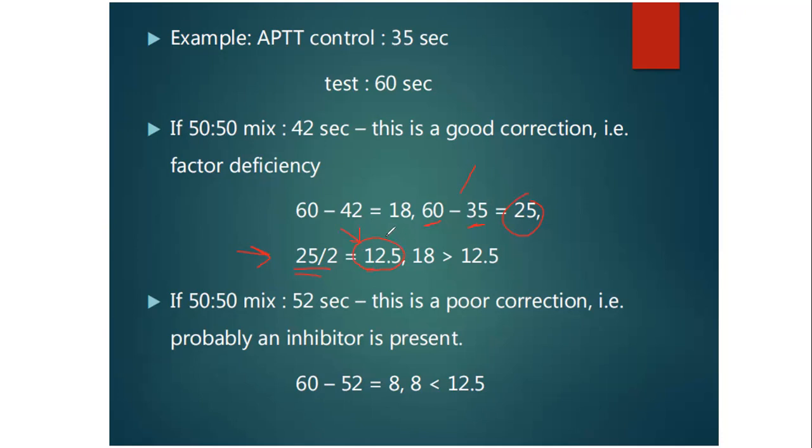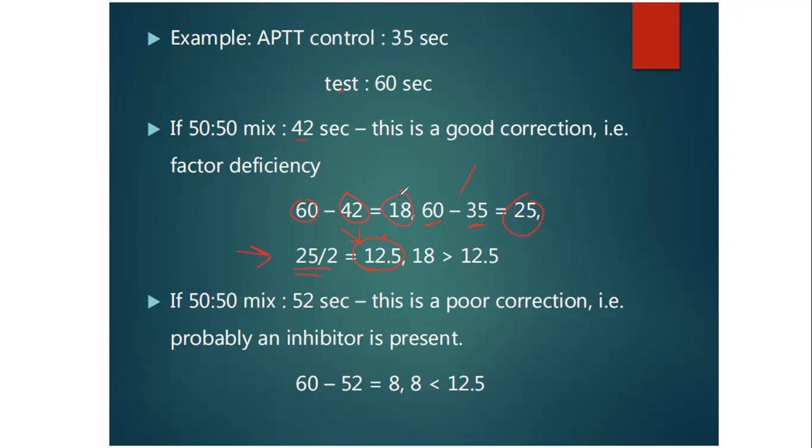This is our basis, so just save it first. Next, we get the difference in time between the APTT of the test sample and the APTT of the 50-50 mixture. So 60 minus 42, we have 18.